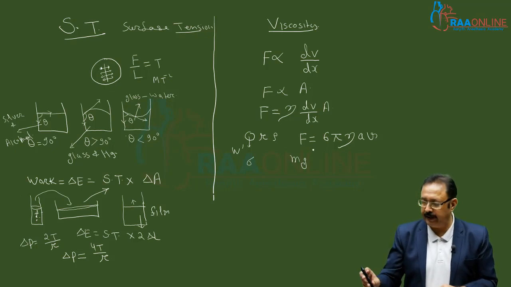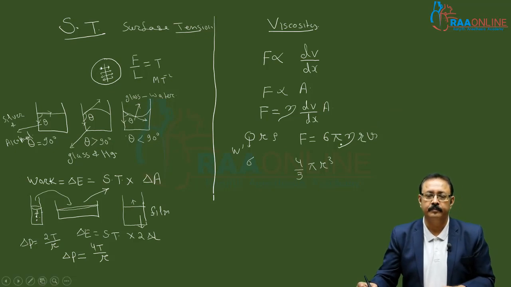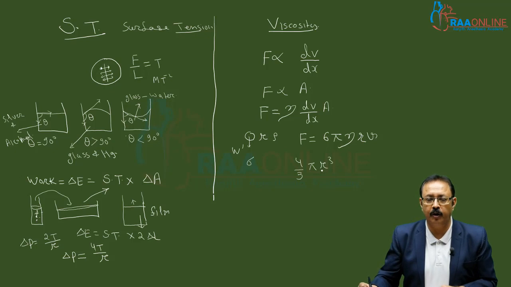We are writing weight in terms of volume into density. What is volume? 4 upon 3 pi r cube, if we are taking radius r. So 4 upon 3 pi r cube volume into density into g.